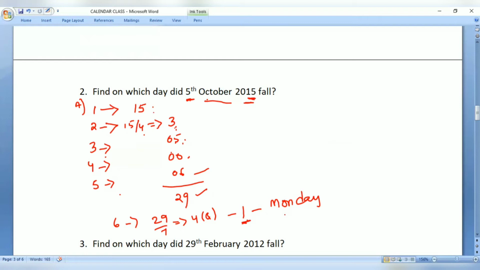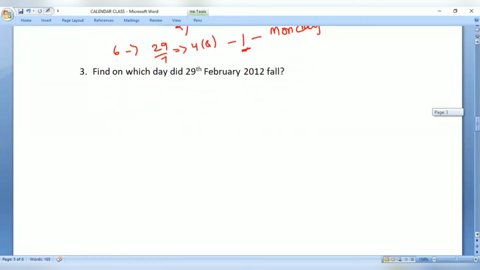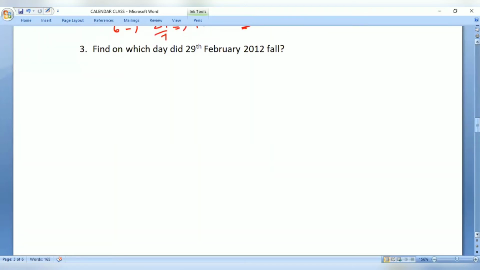Okay. Now let us move on to the third question. Find on which day 29th February 2012 fell. Now, any quick idea?